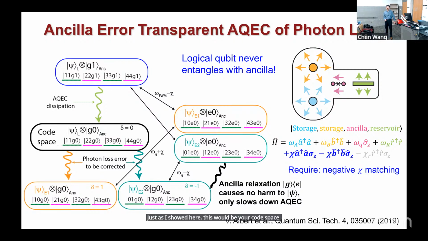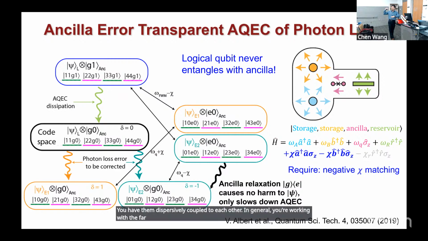So the real challenge for this experiment is to realize a Hamiltonian with the negative chi matching condition. If you're familiar with a transmon system, you have a transmon and a cavity, dispersively coupled to each other. In general, you're working in the far detuned regime, where you have a transmon far detuned from the cavity.